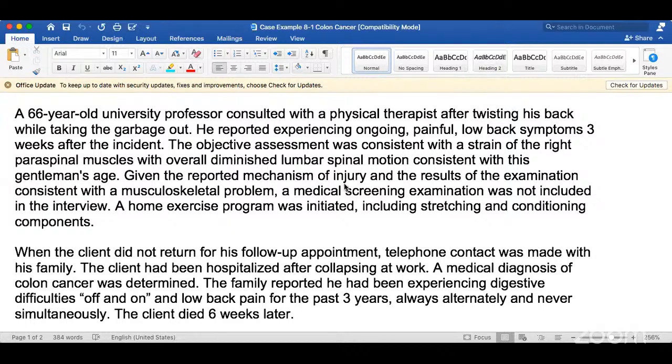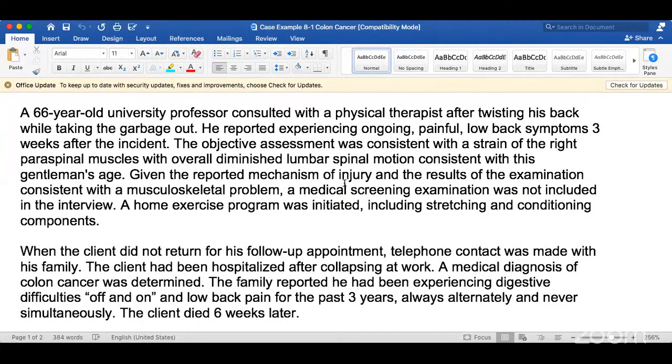He reported experiencing ongoing painful low back symptoms weeks after the incident. The objective assessment was consistent with a strain of the right paraspinal muscles, with overall diminished lumbar spinal motion consistent with this gentleman's age.